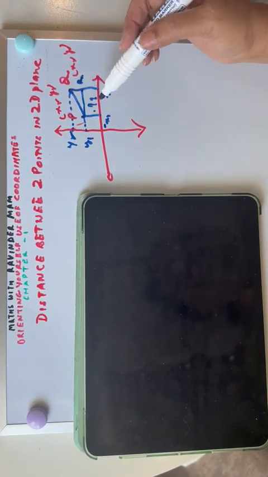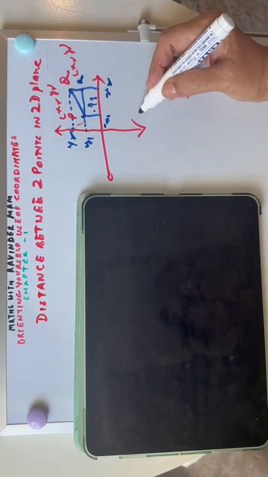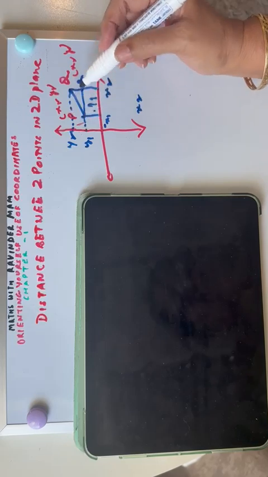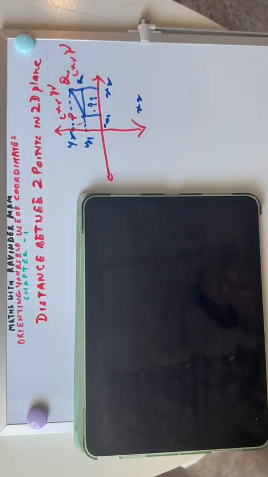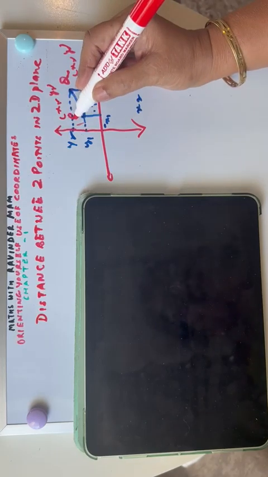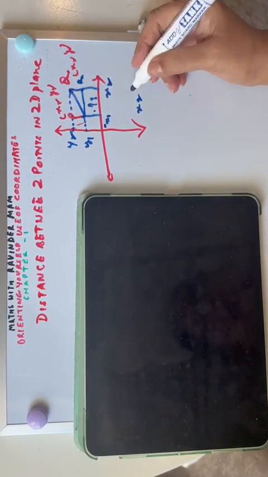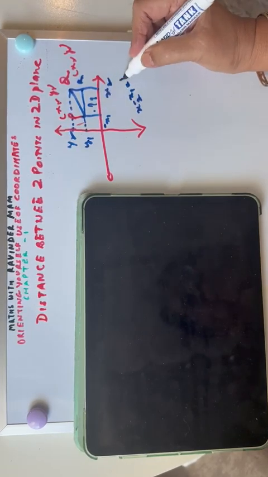Now we know x1, x2. By subtracting, x2 minus x1 is equal to PR.